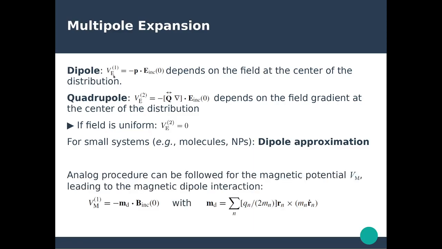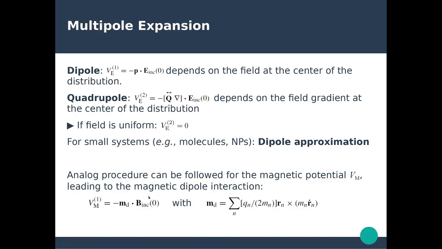So something similar can be done for the magnetic potential, V sub m. This is something very similar. You can express the magnetization as a function of the charges, inject that to calculate the potential, and expand the magnetic potential with a Taylor expansion.